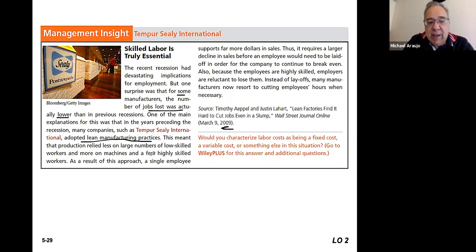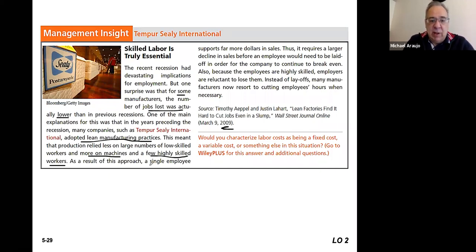Now all they really need is a few highly skilled workers who are adept at understanding robotics and computer-aided manufacturing and this type of thing. Okay. So basically speaking, because they relied more on machines and these highly skilled workers, they didn't have to lay off very many of them. Okay. If at all.